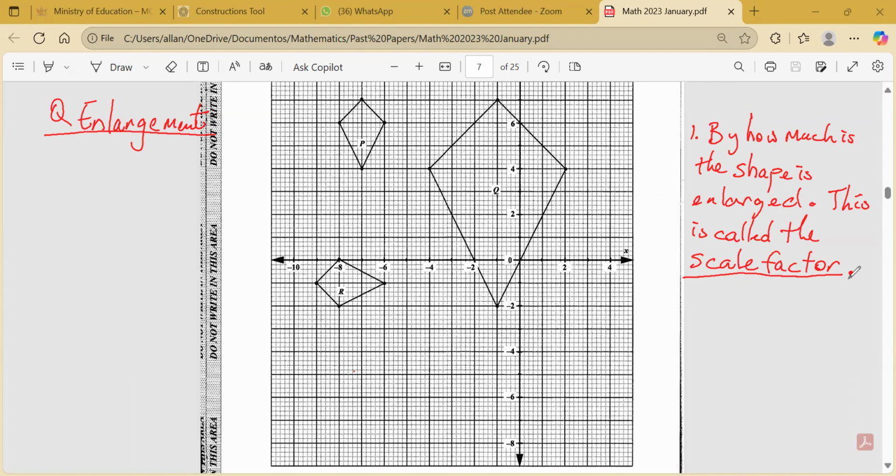We also need to know the center of enlargement, number 2.